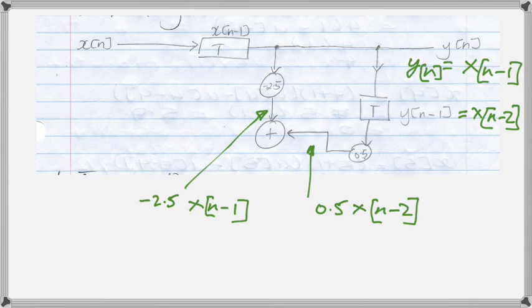That's what is actually delaying it. But if y[n] is equal to x[n-1], y[n-1] must equal x[n-2]. And clearly the summing block at the bottom of the diagram is going nowhere. There is no output going to it.